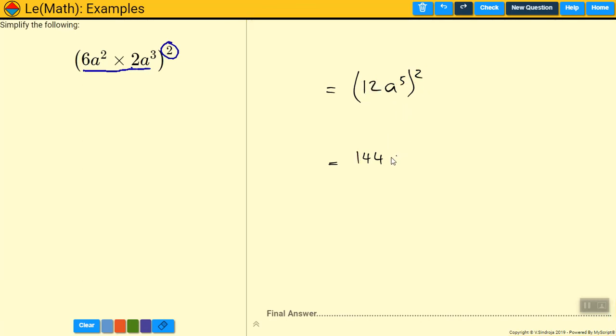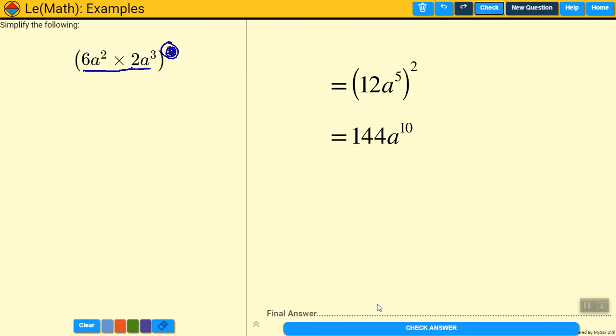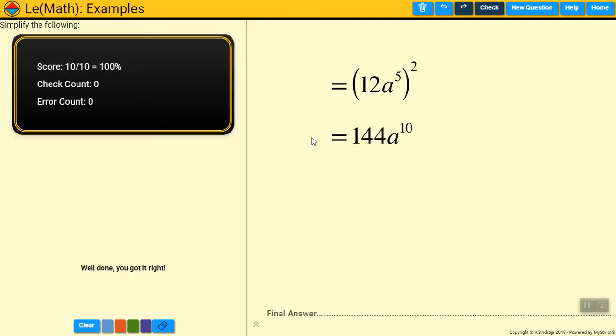So we're going to have an a to the power of 10. Okay, because powers get multiplied, but the numbers get squared or cubed or whatever that power is on the outside. That's what happens to it. So if we now check that, okay, that's the answer, 144a to the power of 10. So that's the final example there.